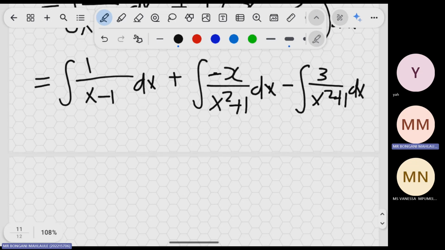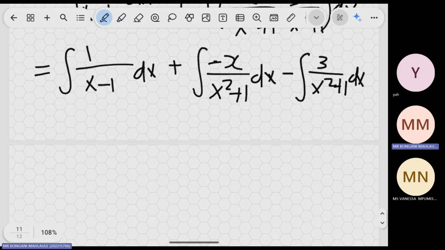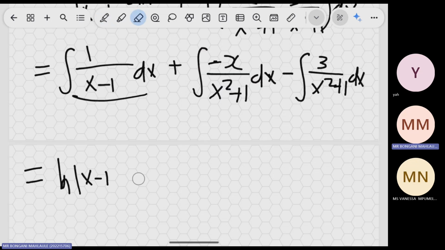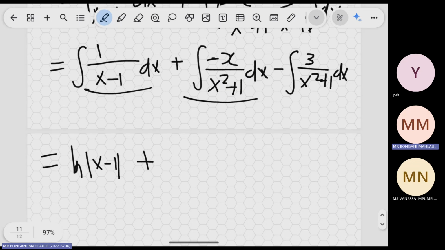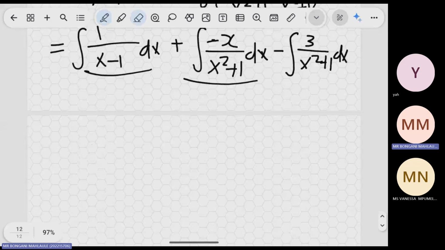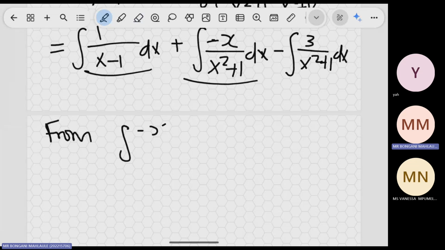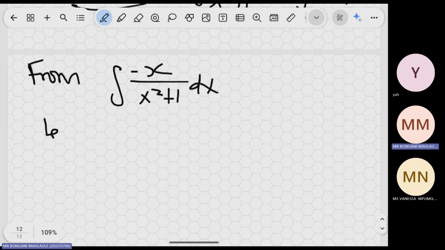Now for this one we know the answer is ln of x minus 1, plus, then for this one, let's use substitution. For the ones that you don't know the answers yet, you solve them separately. So here I'm going to say let u be equal to x squared plus 1.